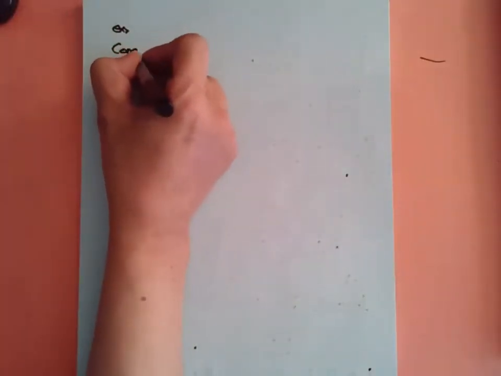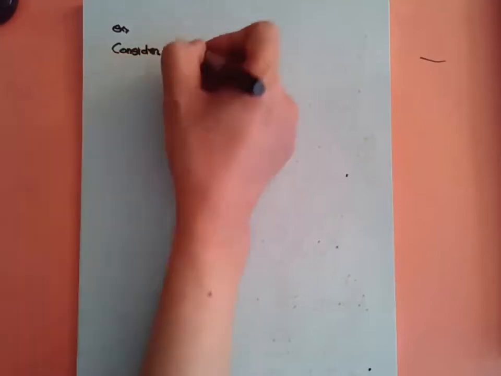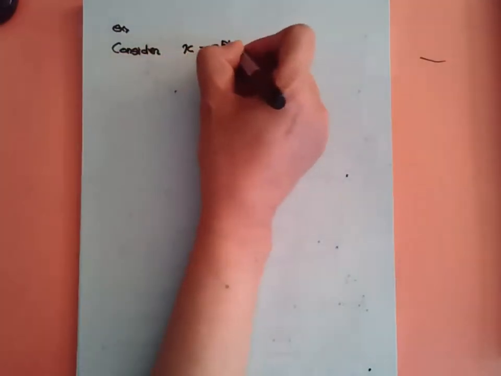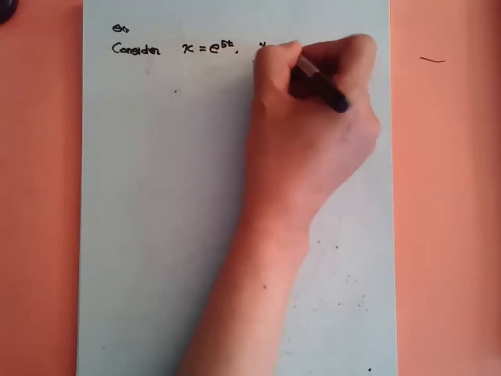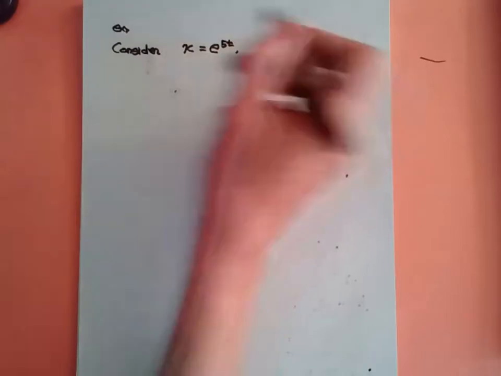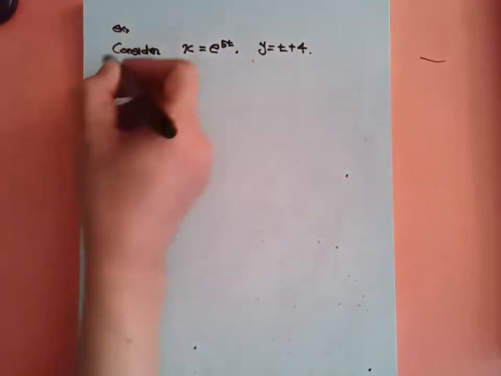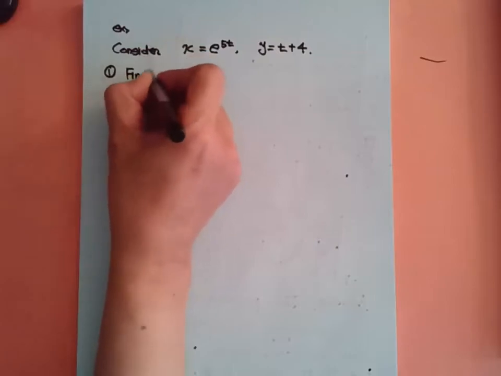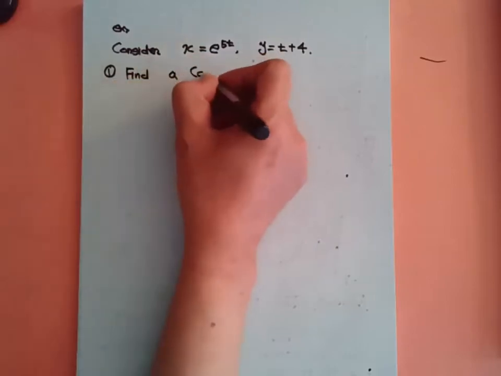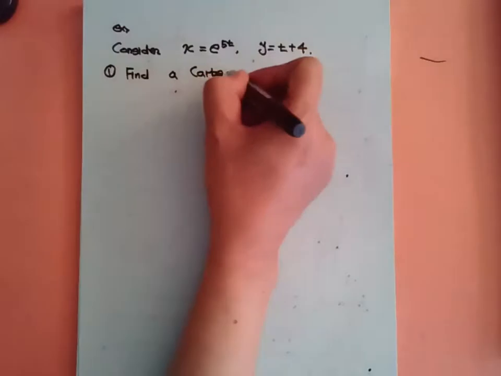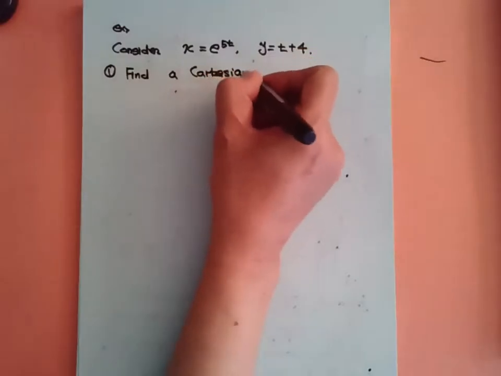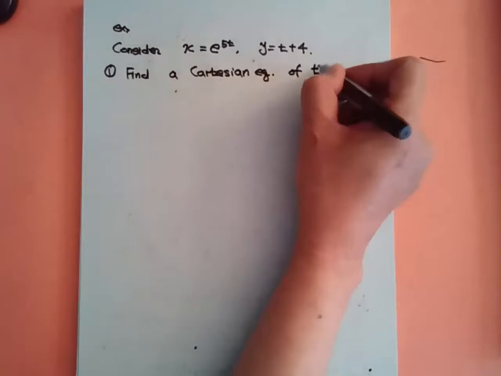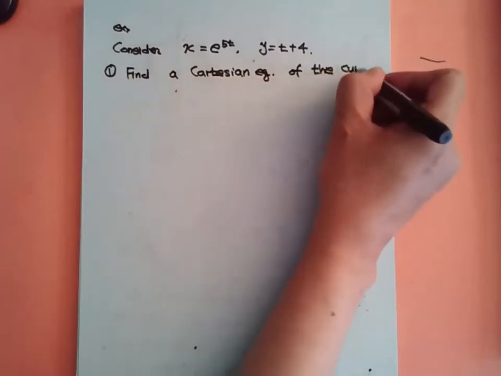Consider x equals e to the 5t and y equals t plus 4. First one is find a Cartesian equation of the curve.